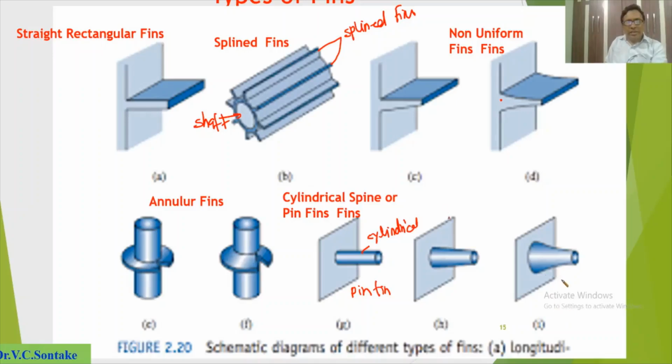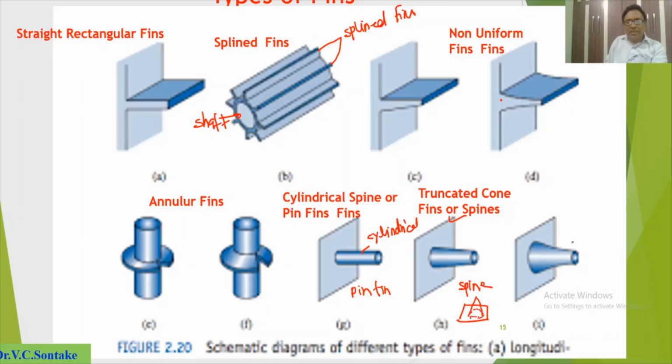In this case, a truncated cone is attached to the base surface. It is also called a spine. Spine fins are also of a shape like this. When a cone is attached to the base surface, it is also called a spine.